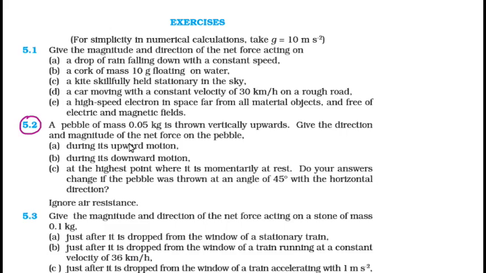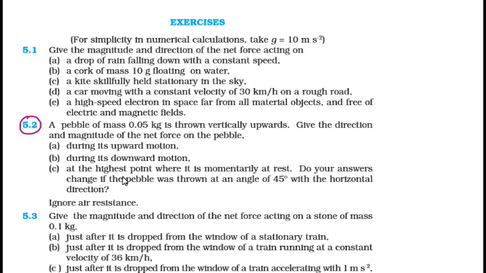Now, let us see 5.2. A pebble of mass 0.05 kg is thrown vertically upward. Give the direction and magnitude of the net force on the pebble. A, during upward motion. Let us go through all the questions first, then we'll see the solution at one time.